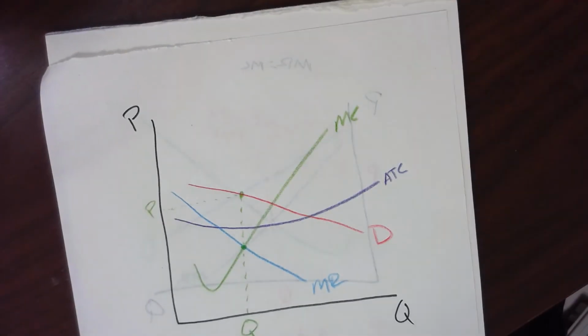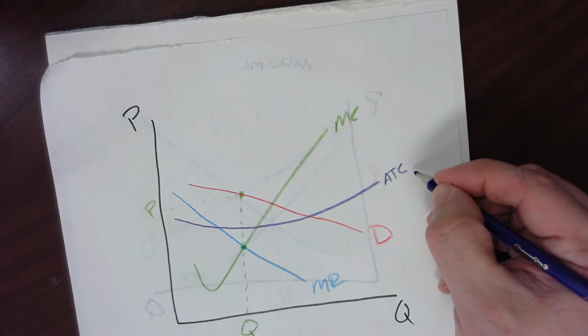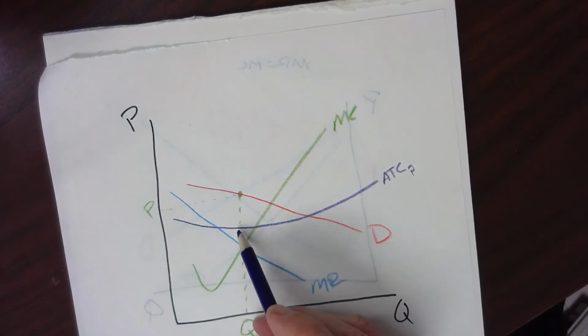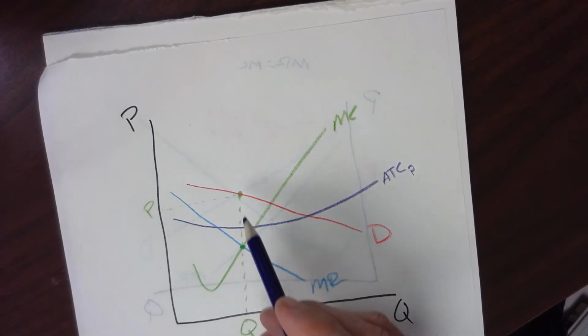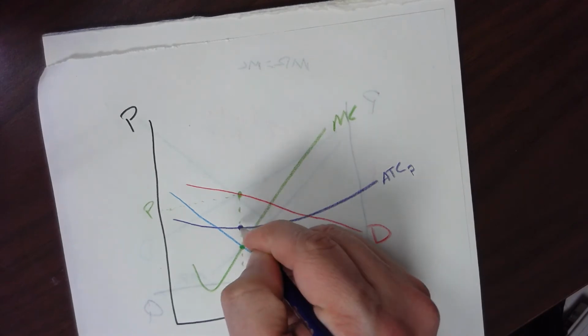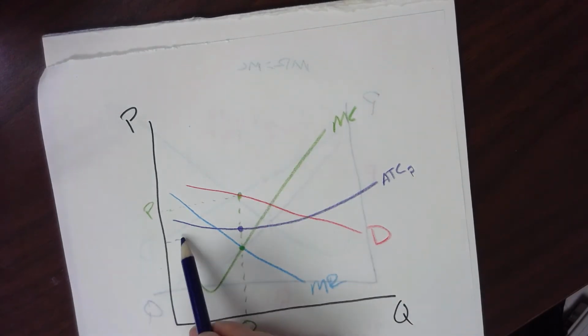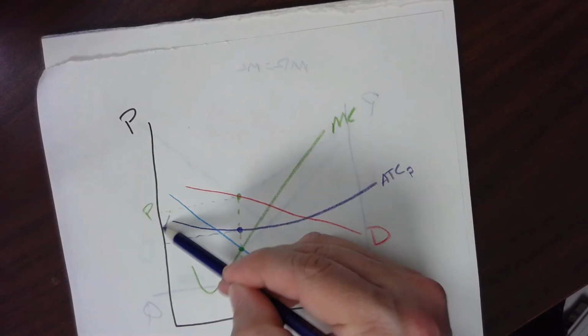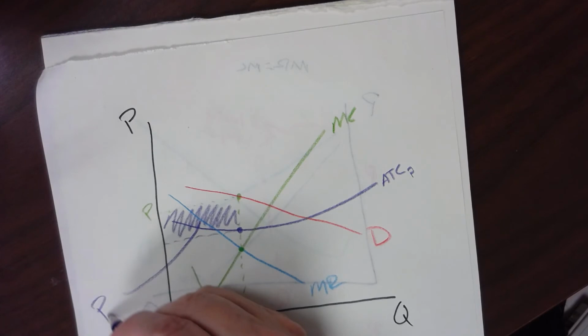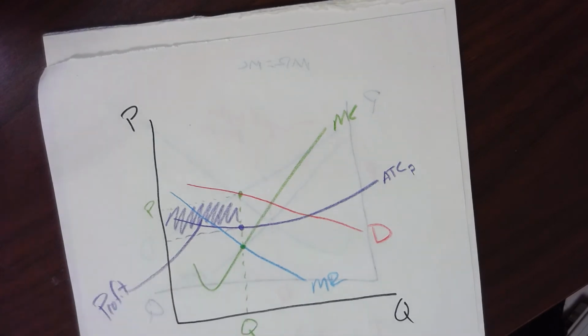There we go. All right, your average total cost curve in a profit will be below the demand curve. So this area would make it a profit monopoly.